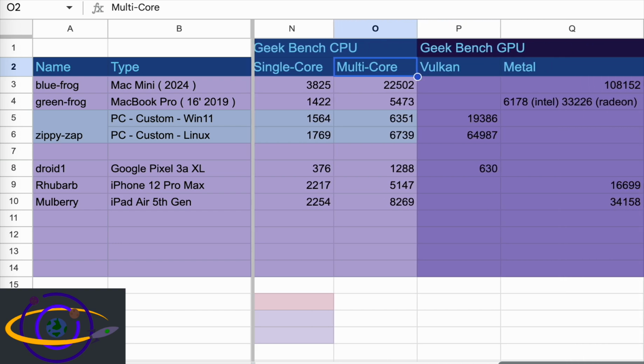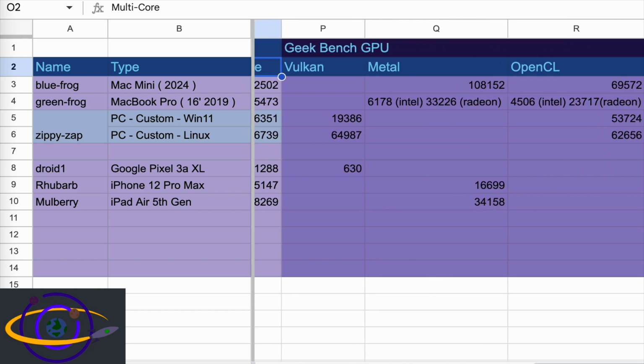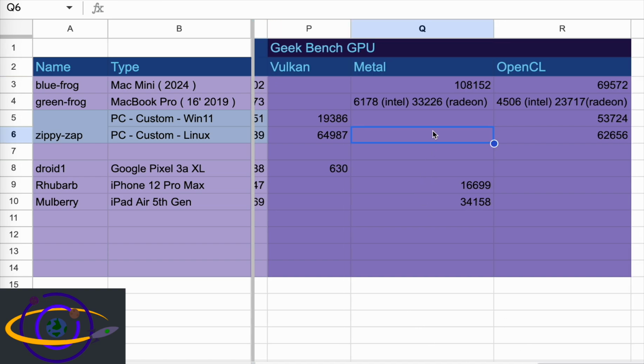So let's move along to the Geekbench GPU benchmarks. For the GPUs, this is a little bit mixed up, so I put these in different columns because the tests are based on your graphics framework.